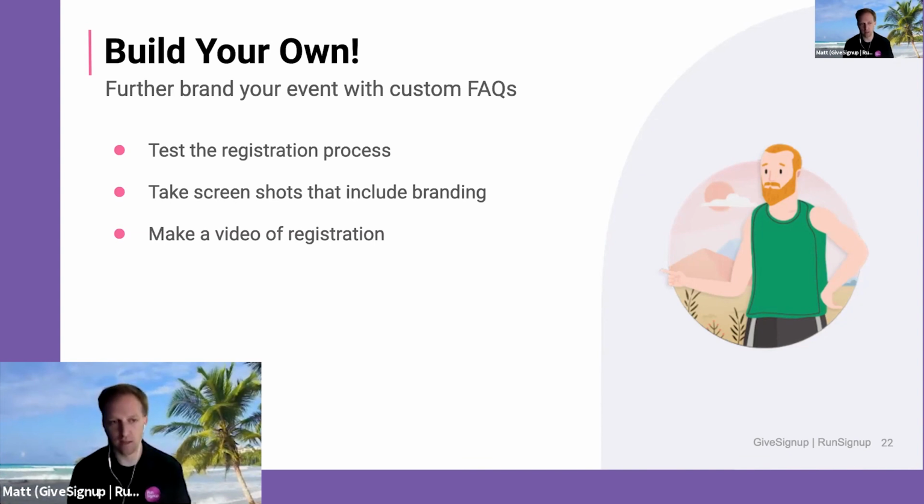Just make sure it's always fake personal data, with no real personal data when you're doing stuff like that. You can make a video of the registration process to see how quickly it can be done, especially if you have a fundraising race. Here's how easy it is to create your fundraiser. Here's how to join a team, and you're off to the races. So there are lots of different options, depending on what level you want to take your frequently asked questions page.